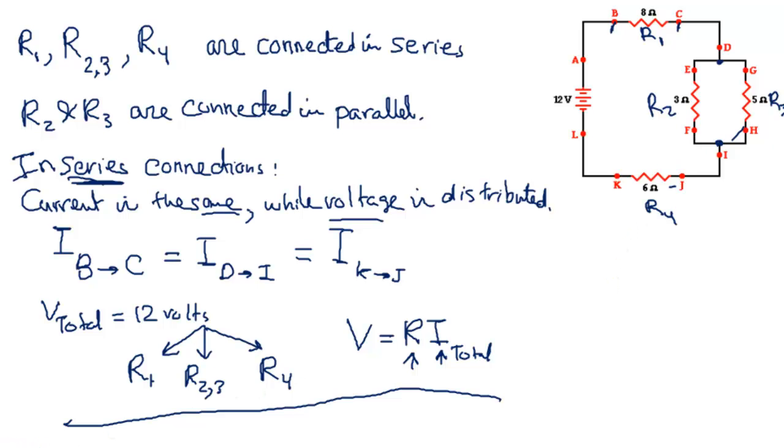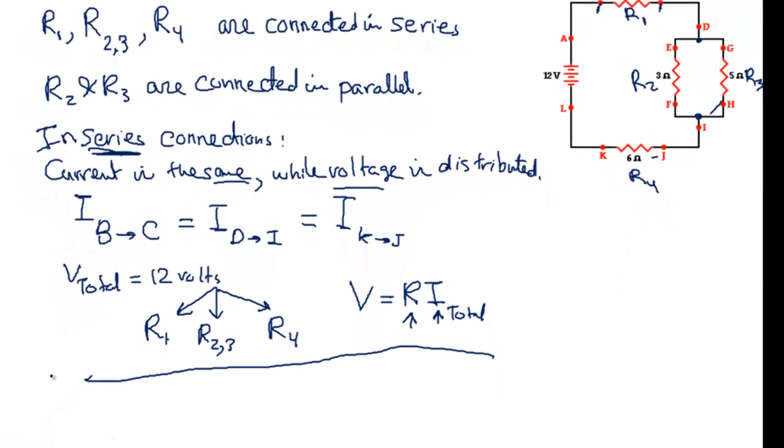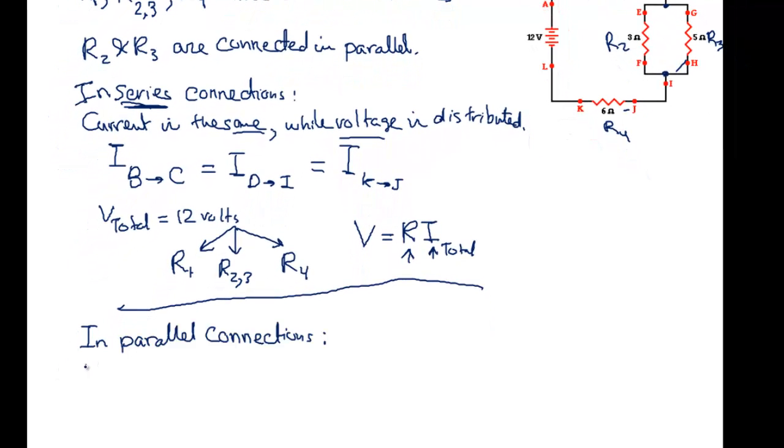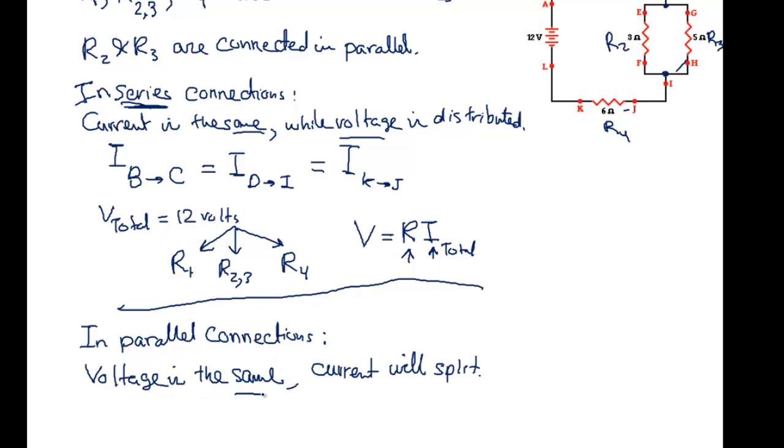Now how about the parallel connection? In parallel connection, and we only have two resistors in parallel here, the voltage is the same across the resistors that are connected in parallel, while the current will split. Okay, now what do we mean by the voltage is the same?